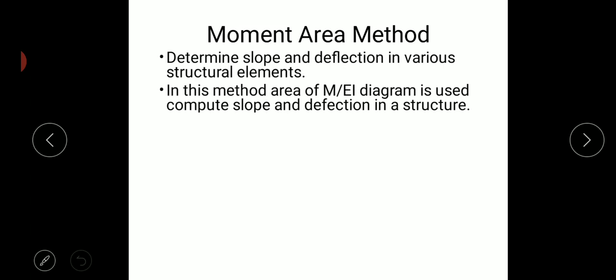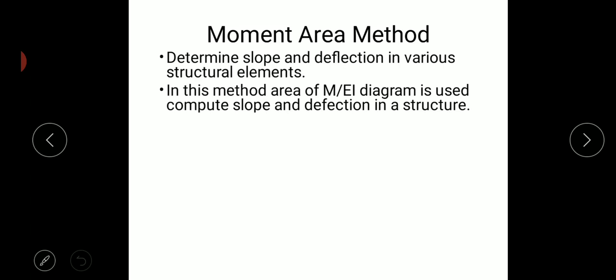It is one of the important and easiest ways to determine the slope and deflection for various structural elements. In this method, we are going to analyze the structural elements. I mean, we are going to find the moments at different points. After determining the moments at different points, we are supposed to calculate the area of the M by EI diagram.